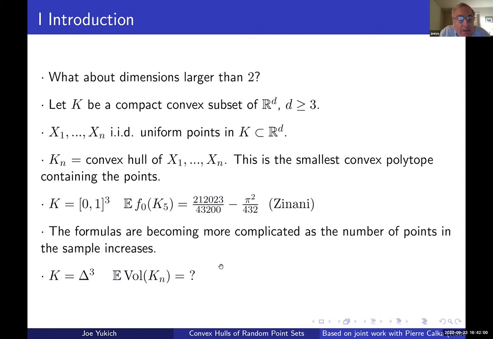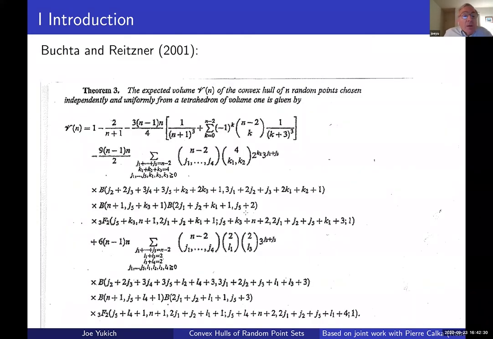And this time we'll ask for the expected volume of the convex hull. It turns out that the expected volume is in some sense equivalent, as we'll see in a few seconds, to understanding the expected number of vertices in the convex hull. Okay.